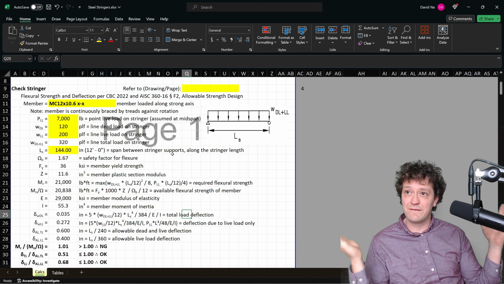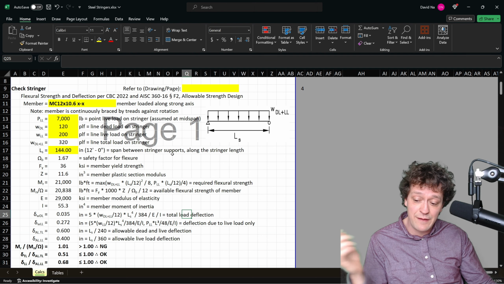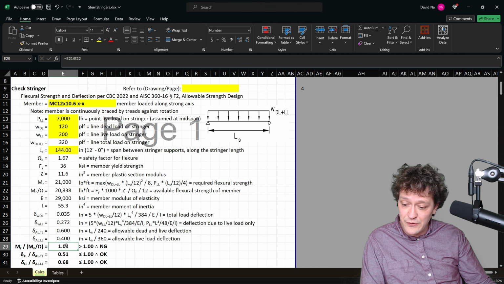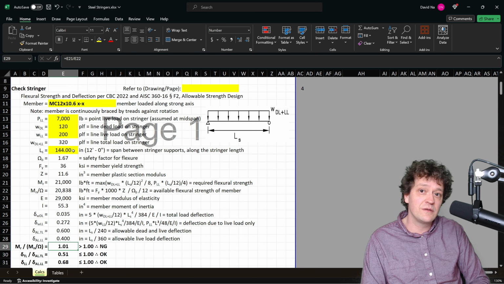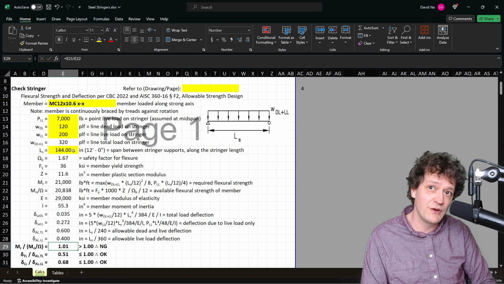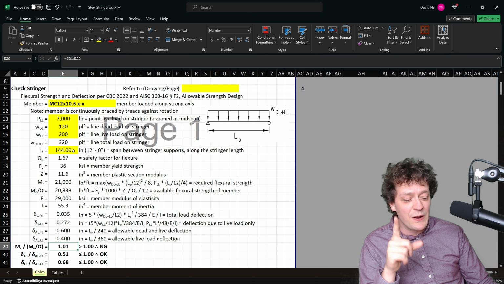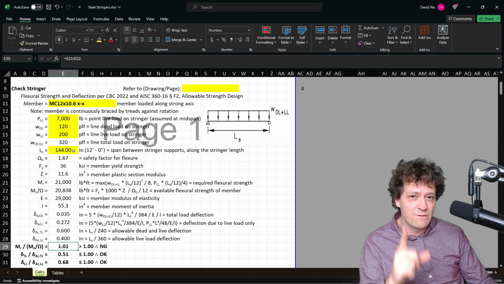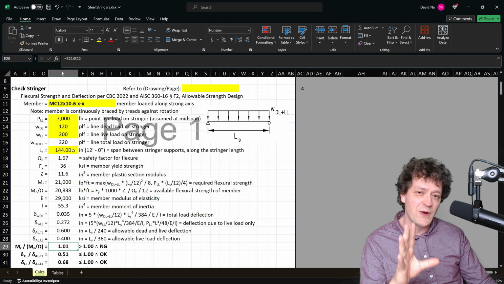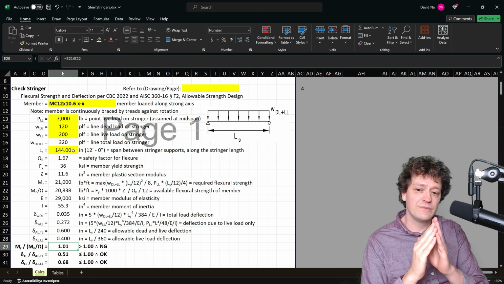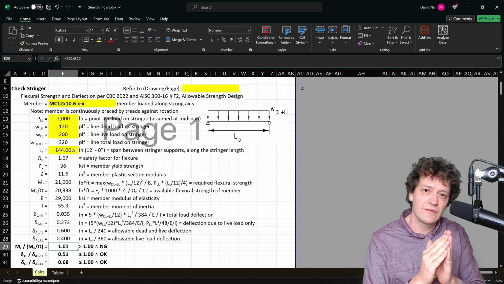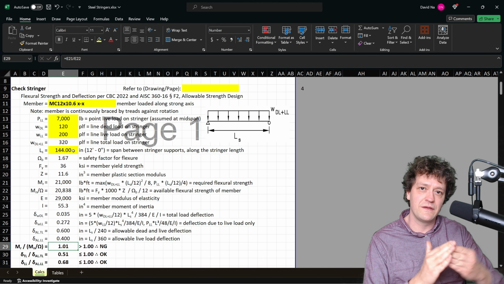Now, it depends, obviously, on your stringer section, but if you got an MC12 by 10.6, you can have a 12-foot long stringer before your elephant is going to break it. If I was really checking this, I would want to know what the bracing force was. Probably the welds to the risers that we showed earlier are going to be adequate, but the more force that is in the section, the stronger your braces need to be.